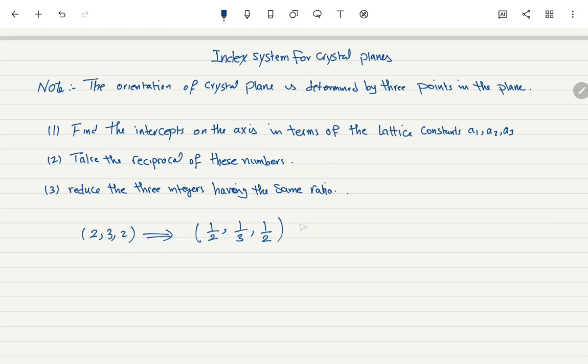Now find the least common multiple to make them integers. In this case, you multiply this with 6. By multiplying this with 6, you will get 3, 2, 3.